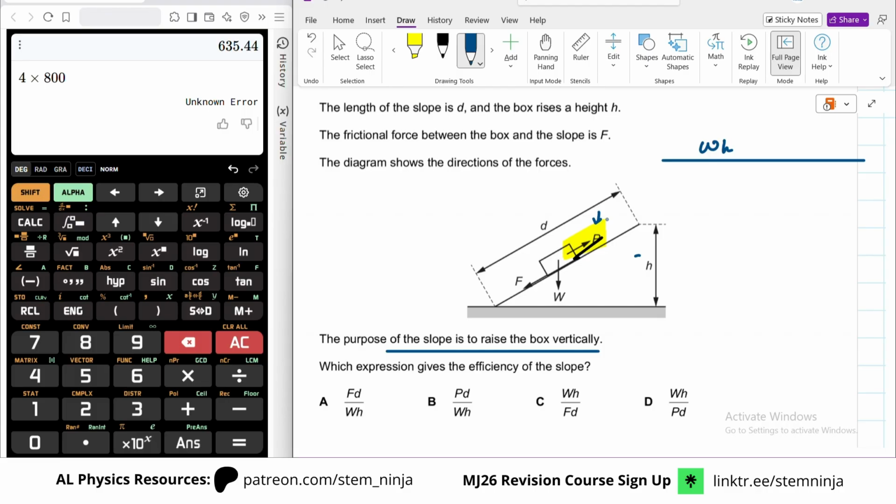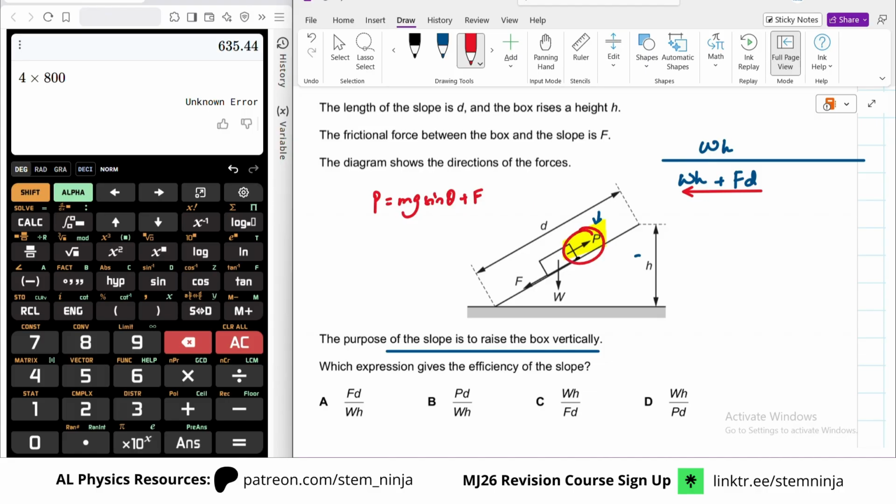Okay, now technically, for example, if you just say WH plus FD, you wouldn't be very wrong. However, we don't know what the situation is between the magnitudes of forces. We know that it is moving up. This would make sense if P is equal to mg sine theta plus F. That means it's moving with constant velocity, but we don't know that.